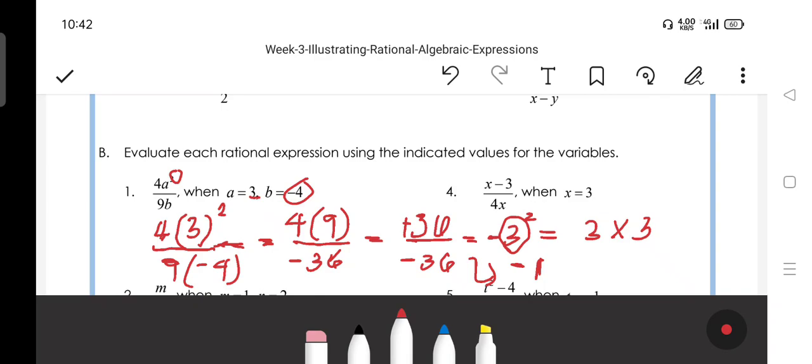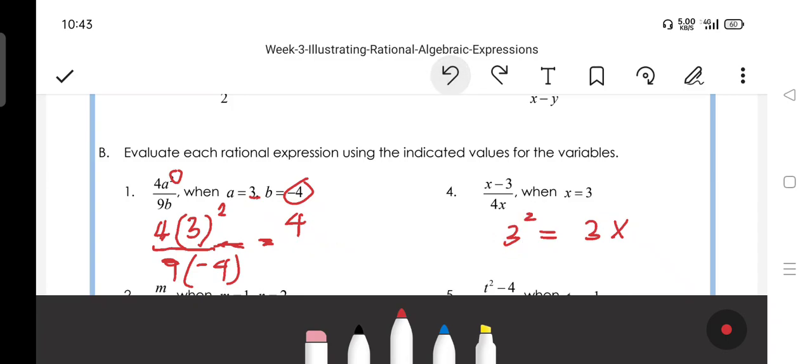So before multiplying directly whatever is left after we cancel out common factors. Okay, so let me show you the other method in evaluating rational algebraic expressions by using the cancellation method.